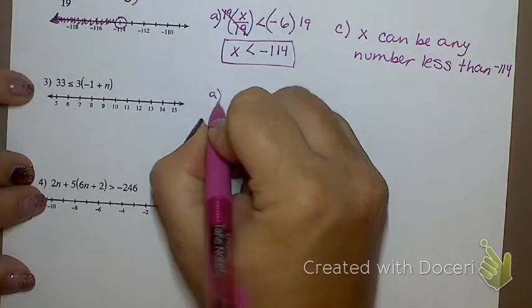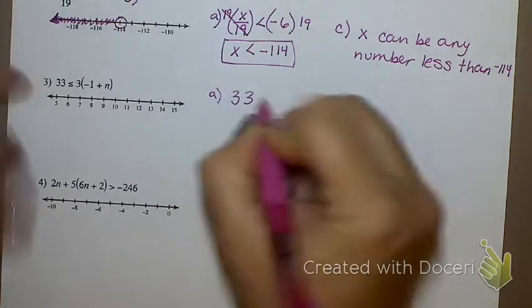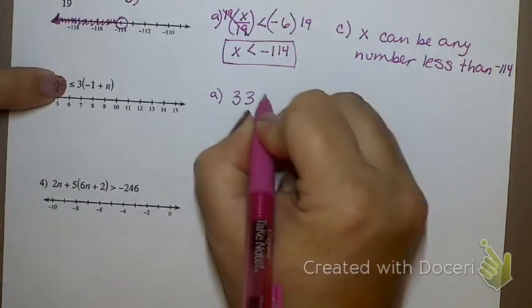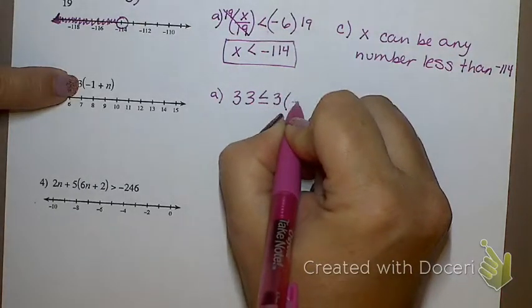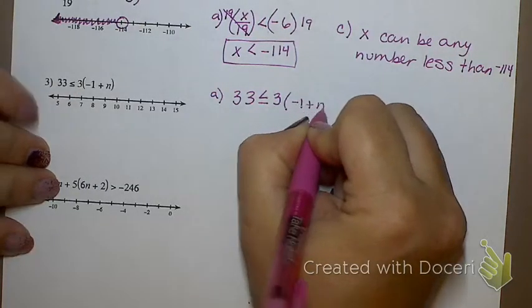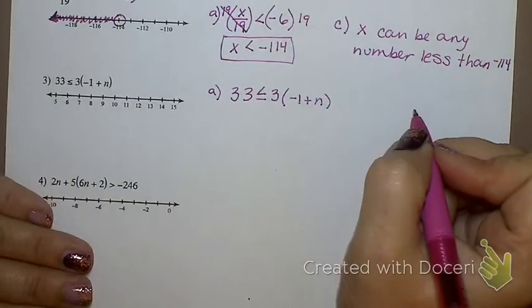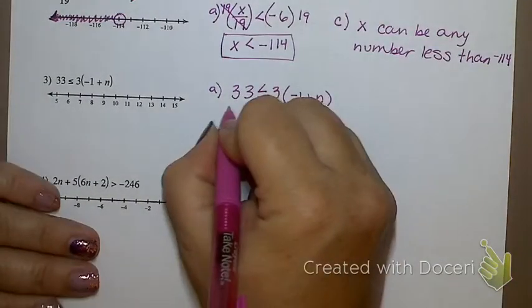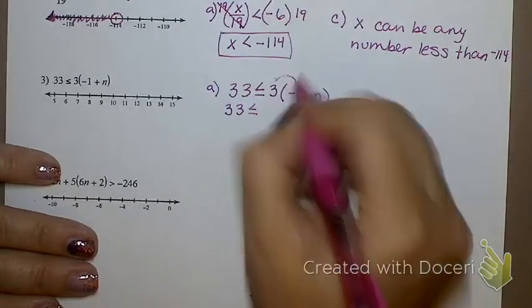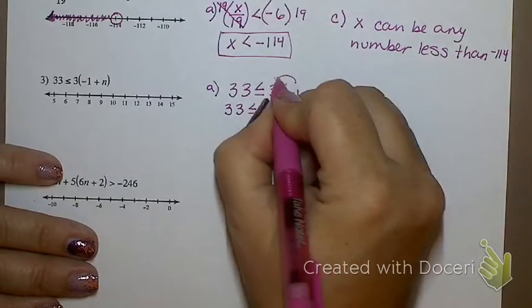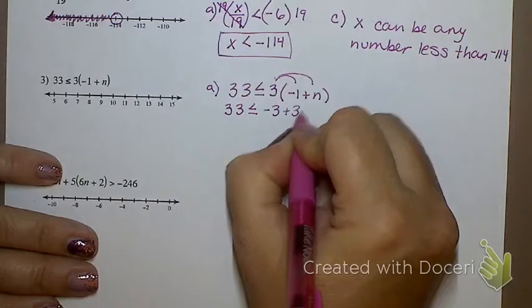All right. First part is solved. 33 is what? Less than or equal to 3 parentheses, negative 1 plus n. What do I do first? Distribute. Notice that these are the exact same steps you did before. That's negative 3 plus 3n. Now what?